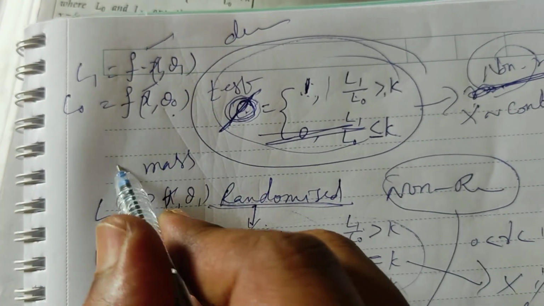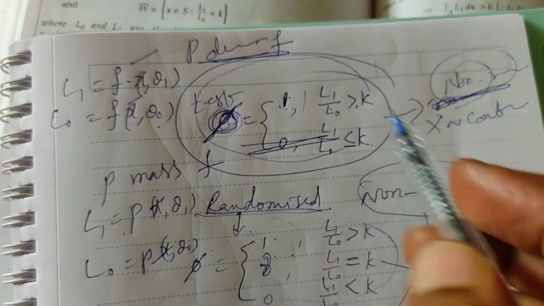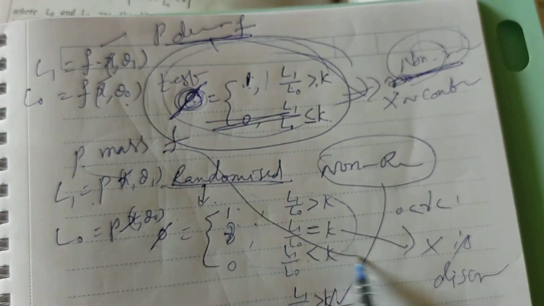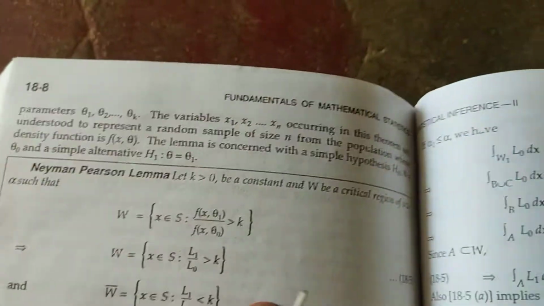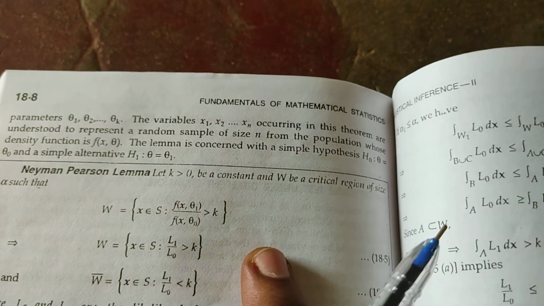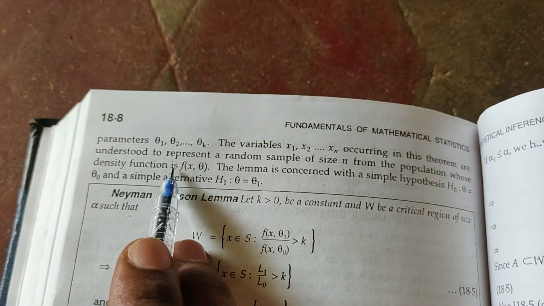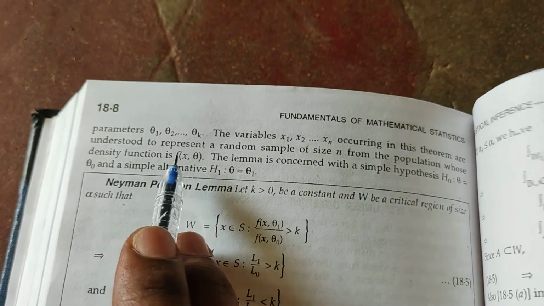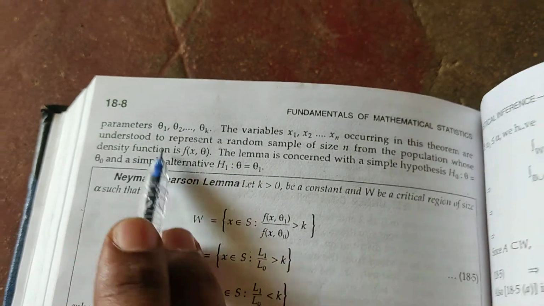We have the probability mass function for a discrete random variable and the probability density function for a continuous random variable. Got it? So this theorem is only for continuous variables. They have clearly given the function as f of x comma theta, so it's a continuous variable, and the probability function is called the probability density function.